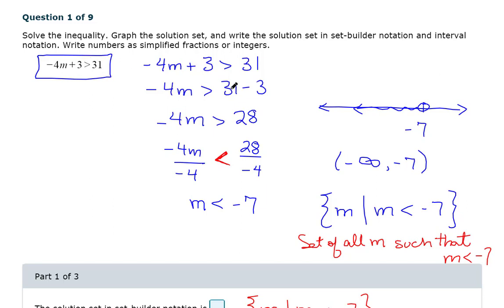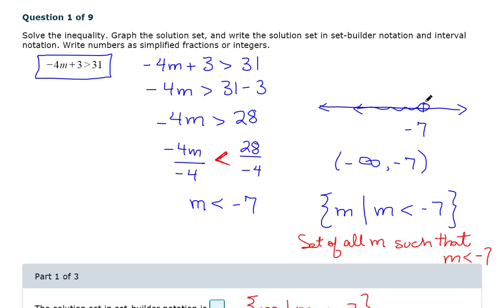So 31 minus 3 is 28. I would like to divide. I want to get rid of this minus 4. But as soon as I divide both sides by the minus 4, the inequality now points the other way. And I get all the numbers less than minus 7.